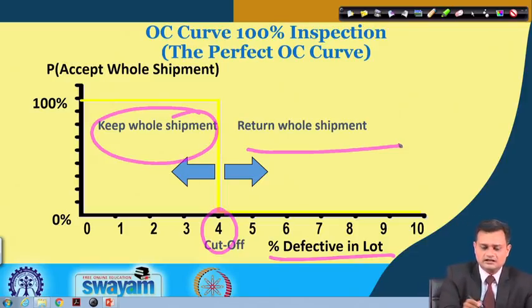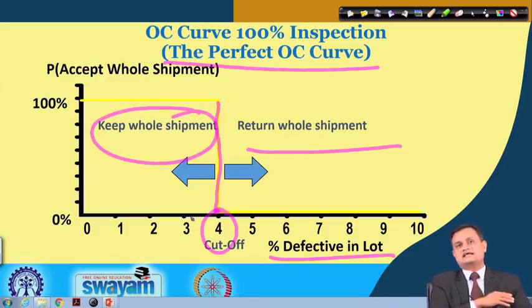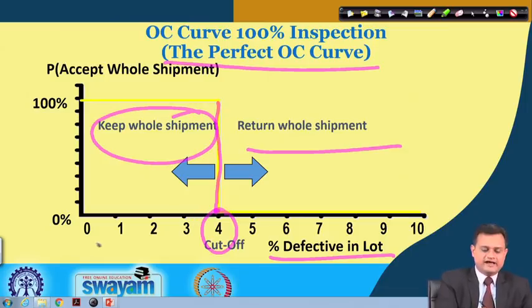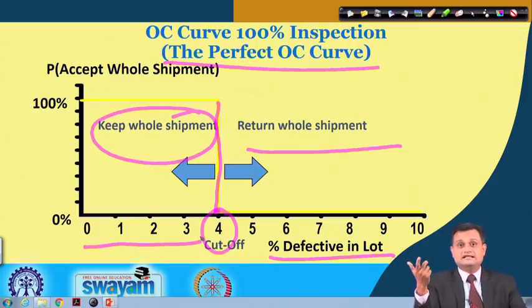So this is called the perfect OC curve, because there is one line. When exactly you reach this line, it tells you that either you accept or you reject. But do you think that when you move from 0% defective to 1% to 2% to 3%, your probability of acceptance will remain the same?